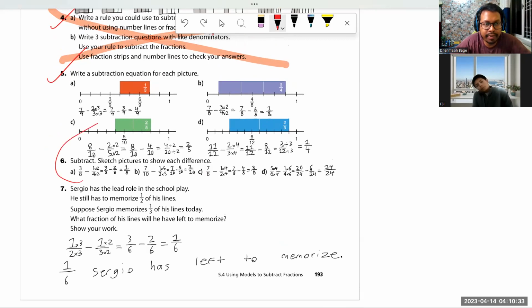Can you draw the same diagram like this here? For H1, I can see that 3/8 minus 1/4, 3/8 minus 2/8, that is 1 over 8, this is correct. Over 10, 2 over 10 is correct.